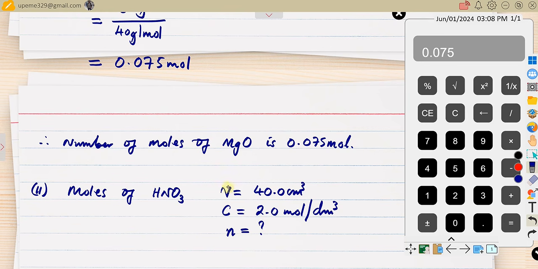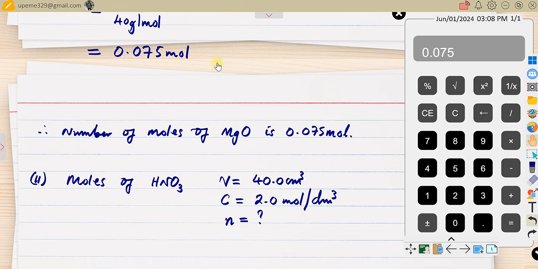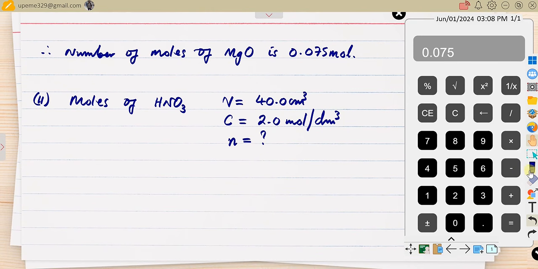We can look at how these quantities relate to each other. They have a formula which relates the three of them together. This formula is concentration C equals n, the number of moles, over V, the volume. Now the question wants us to find n, which stands for the number of moles. So make it the subject of the formula. So n is equal to concentration times volume. So that is what we are going to do.